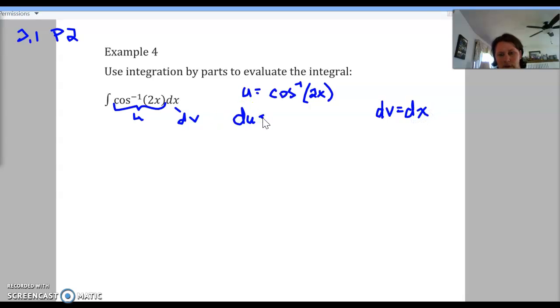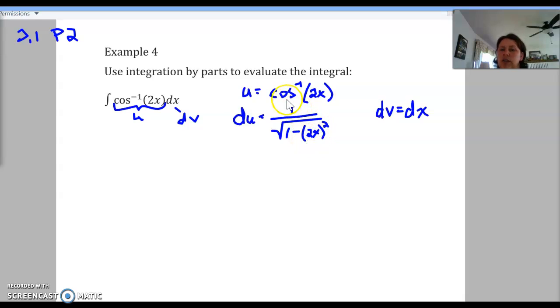The derivative of the arc cosine of 2x, and you can have your purple sheet or whatever you need there, is going to be 1 over the square root of 1 minus, in parentheses, 2x squared.